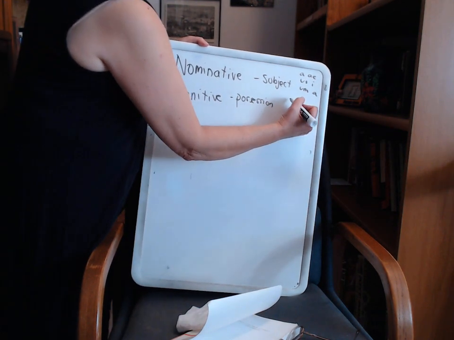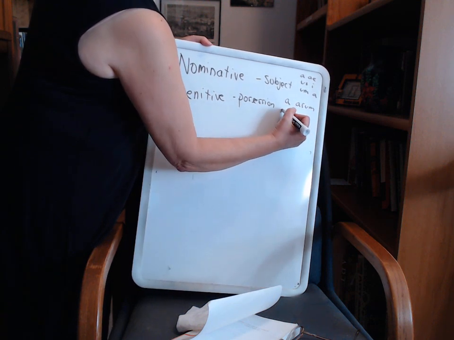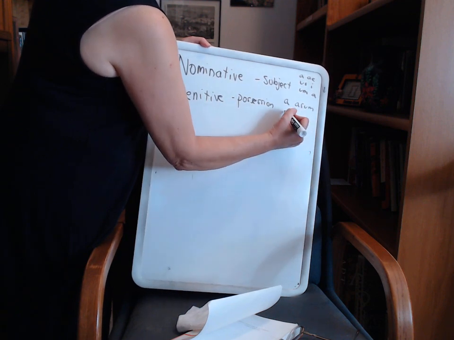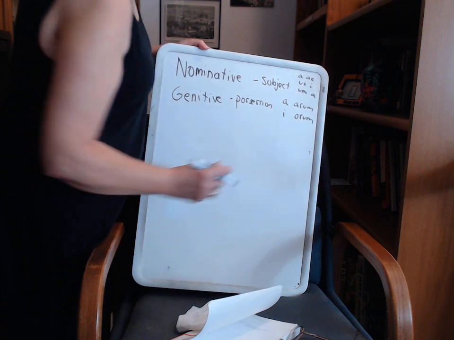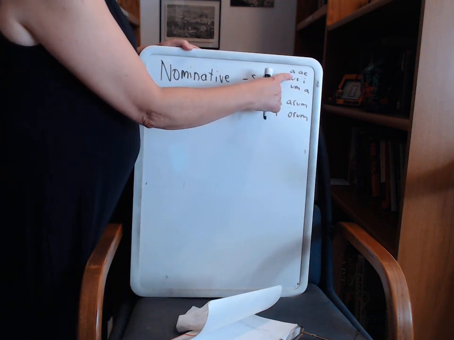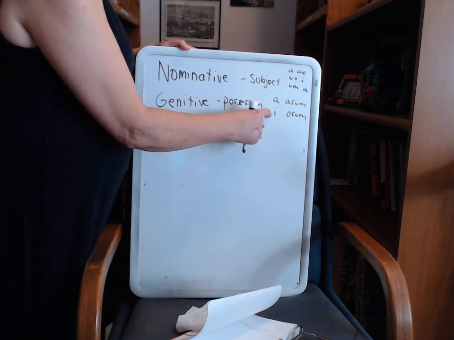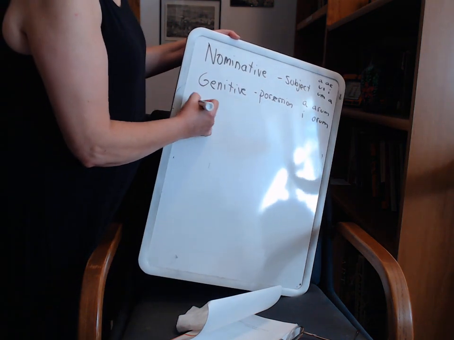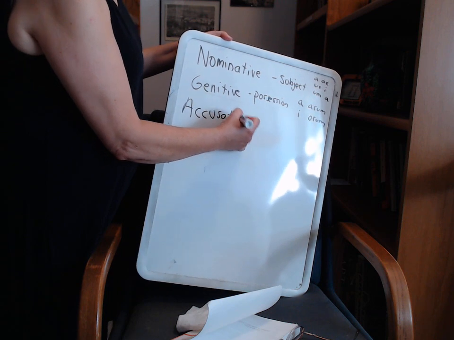And we have learned that these endings are a and arum and us, e and orum. Remember, in subject case, us and masculine and neuter, have their own endings. Not so for genitive. Our next case is accusativus, the accusative case.